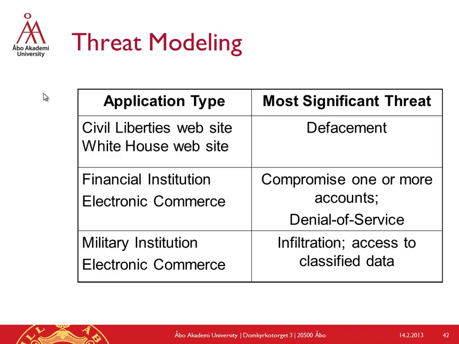Or denial of service. Denial of service is significant for a financial institution or electronic commerce, because if the website is unavailable, this brings a very big revenue loss. For just one day, this might be a $1 billion loss.